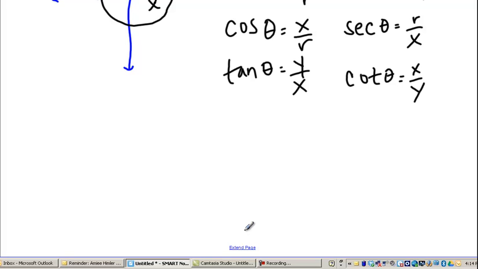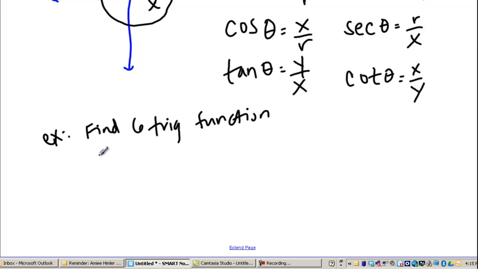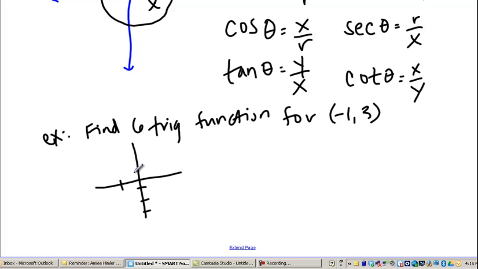All right, so I'm going to give you one example. Find the 6 trig functions for (-1, 3). I suggest you plot your points.